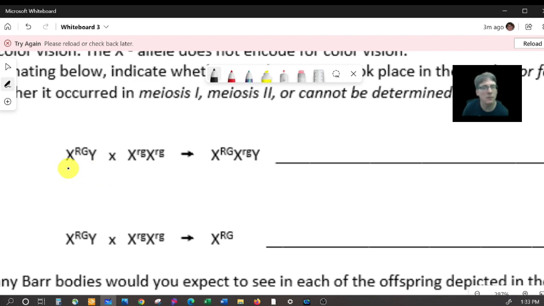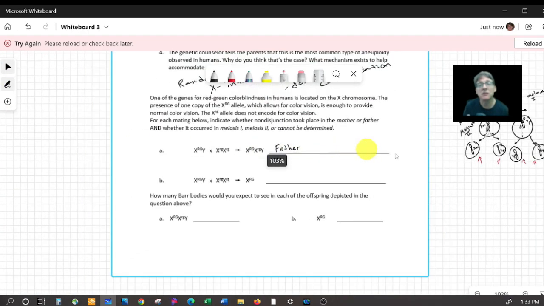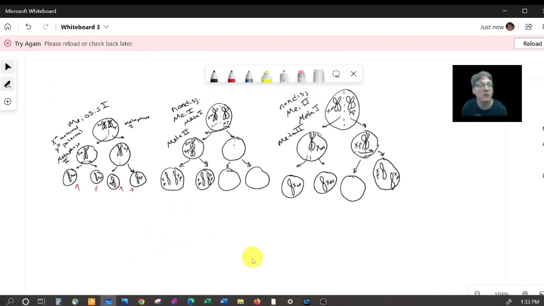And then the Y, so they got that from the father. Okay, so now this tells us one thing that we can say is, well, this must be from the father. And the reason we can say that is because the individual has 2 chromosomes that came from the father, which means that non-disjunction must have happened in the father. Okay. Now the next question is did it happen in meiosis 1 or in meiosis 2?